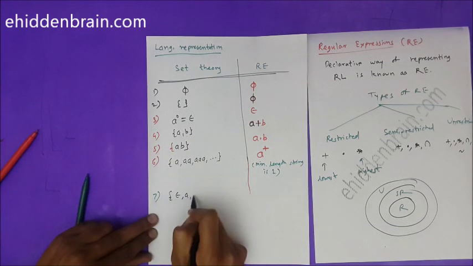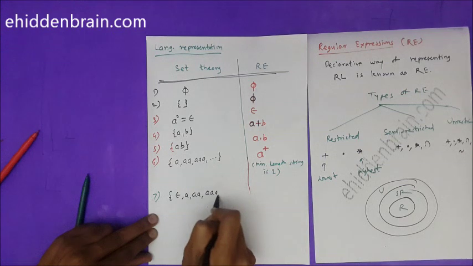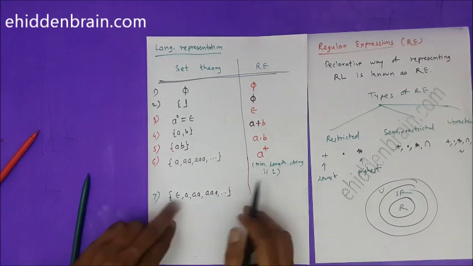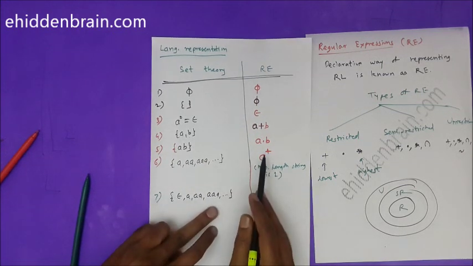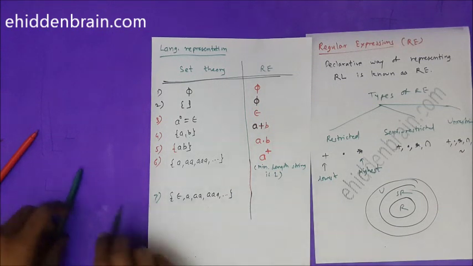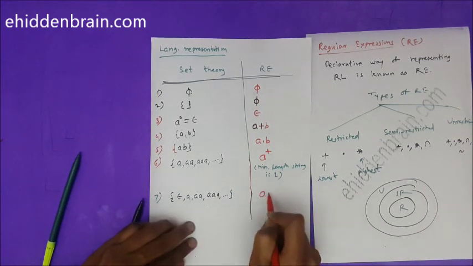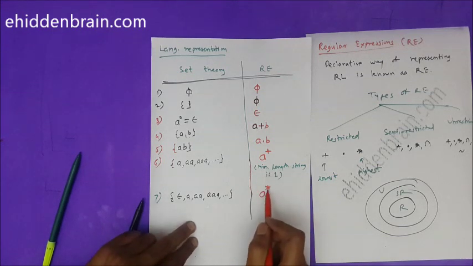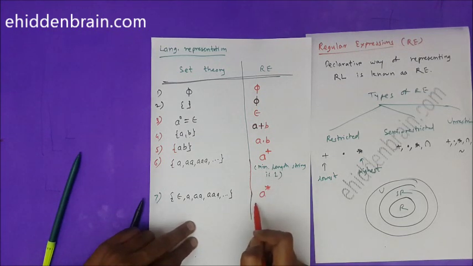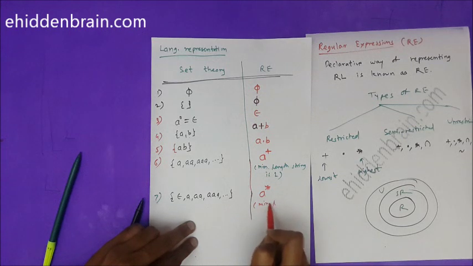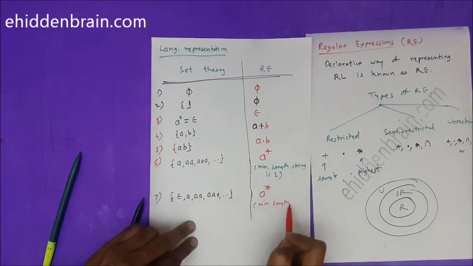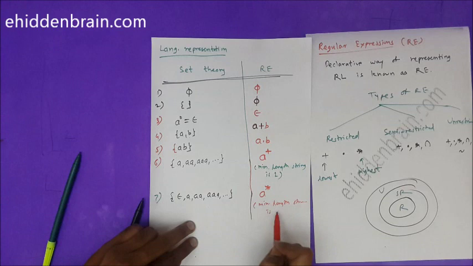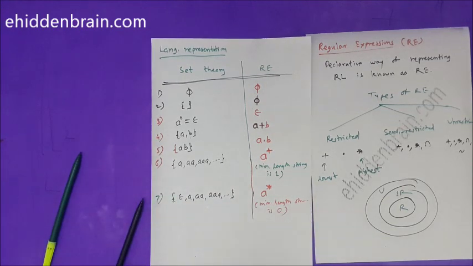So epsilon is there, 1 A is there, 2 A's are there, 3 A's are there, and infinite number of A's are there. Now how to represent? It should not be definitely A plus. Now it will be A star. Now here star represents epsilon. Minimum length string possible is 0, right? So we understood the difference.